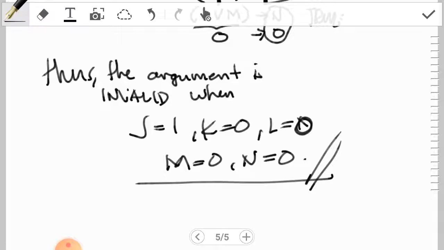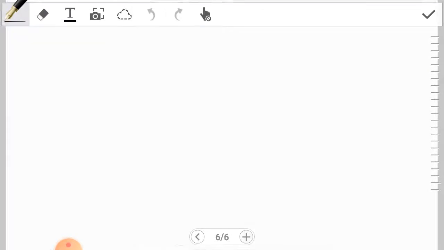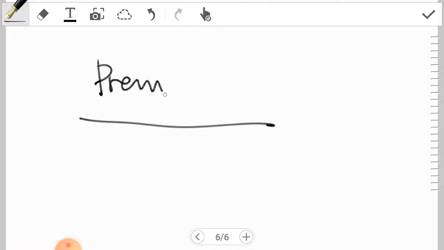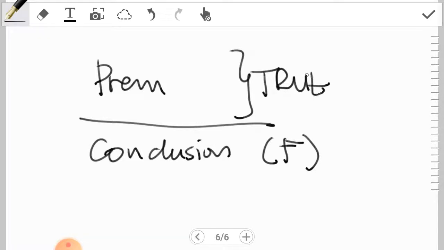So there you have it. That's how we will be checking whether an argument is an invalid argument. So just a recap to show that an argument is invalid. We have our premises, we have our conclusion. We will now set our conclusion to be false, and then we will set each premise to be true.